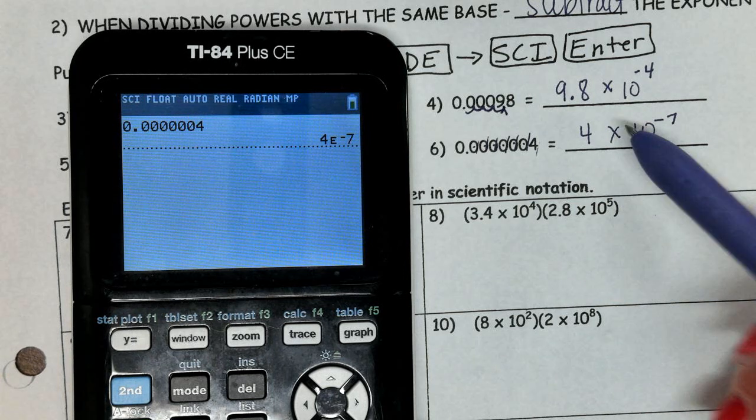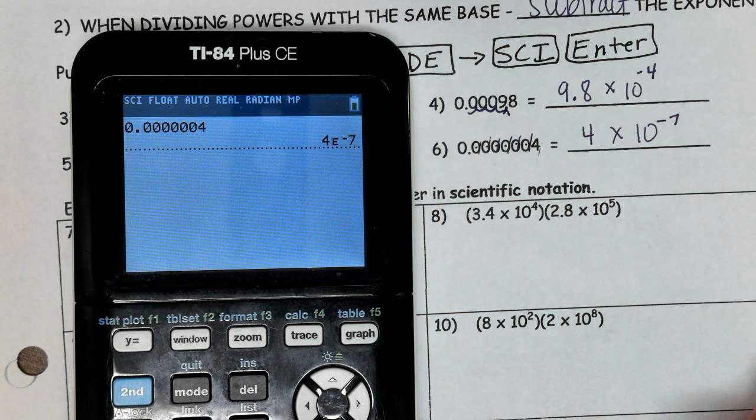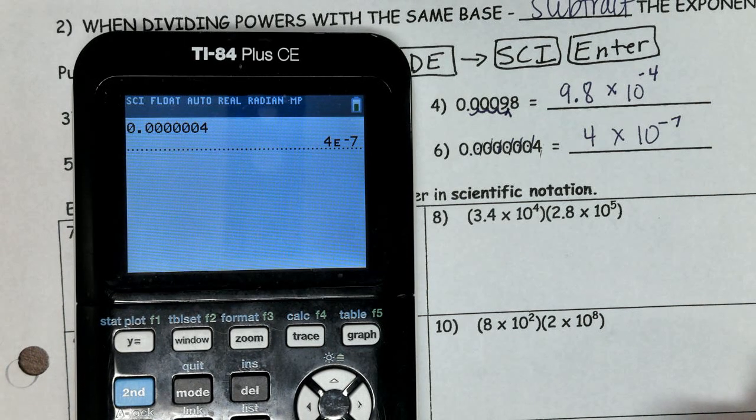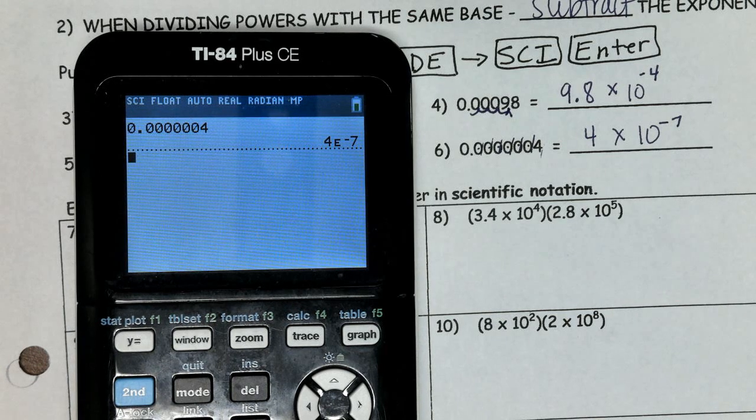Now, you absolutely could have done 4.0, but it's the same thing as 4. And guys, I'm perfectly fine with y'all using your calculator. You don't have to do them by hand. It's just sometimes I feel like it's faster to do it by hand.